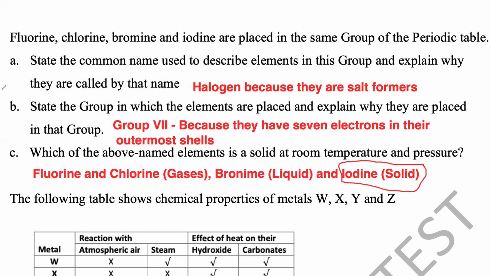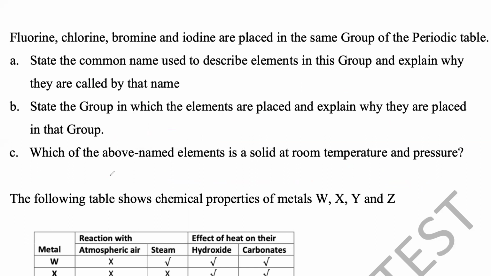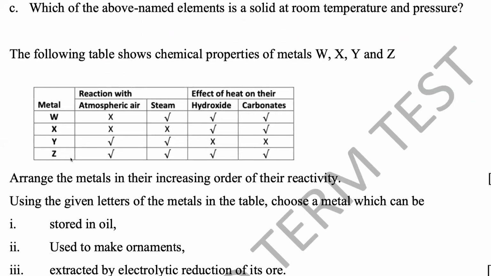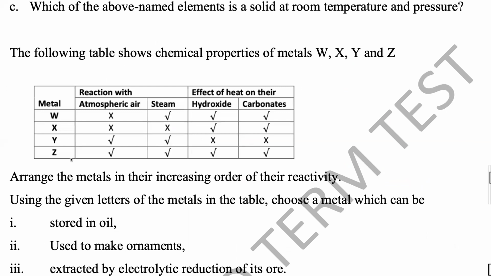Then number 2, we move on. Can we move on? Okay. Number 2 said the following table shows chemical properties of metals. And these chemical properties I've actually talked about.